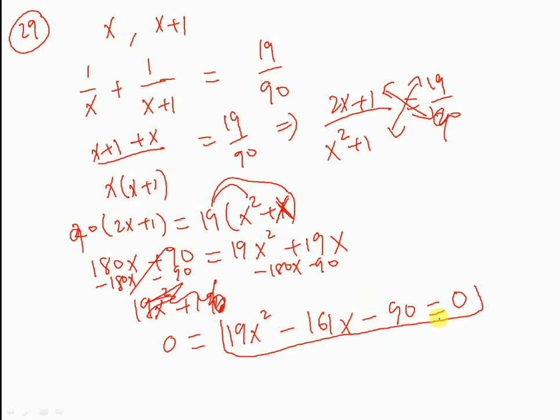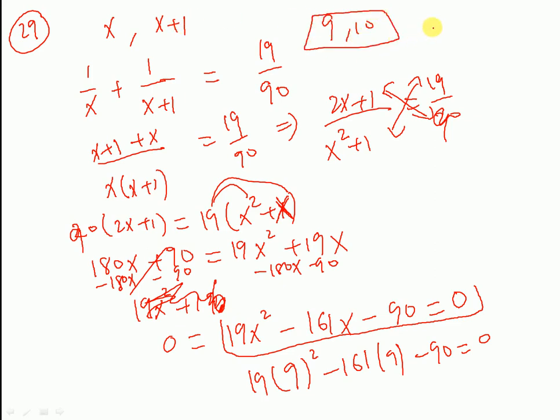That means that one is the solution to this one. And when I plug in 9 to x here, I got 19 times 9 squared minus 161 times 9 minus 90, and this is equal to 0. That means 9 is the solution. So I have 9 to be x and 9 plus 1 or 10 to be the second solution, or the answer is C.